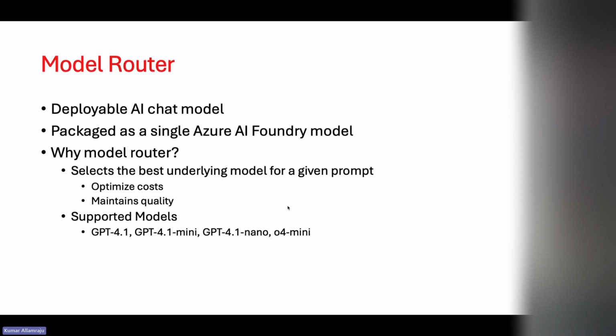So all you have to do is come to the AI Foundry and just pick and deploy this model router. That's it. We take care of everything on your behalf. You don't have to worry about whether you should use GPT-4.1 or o4-mini or Nano, and whatnot. There are too many of these, right?